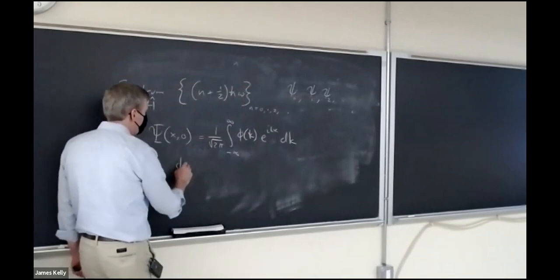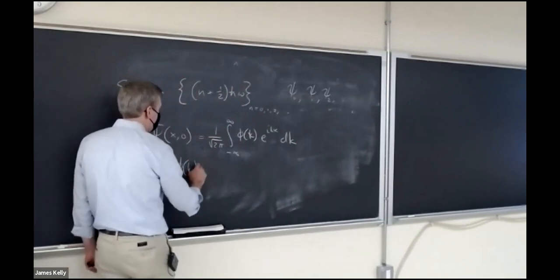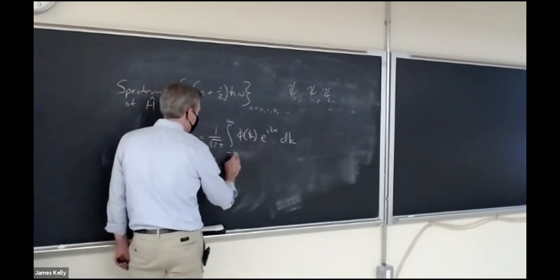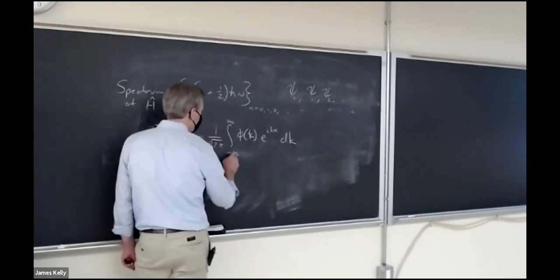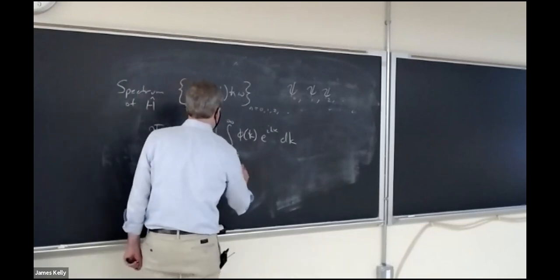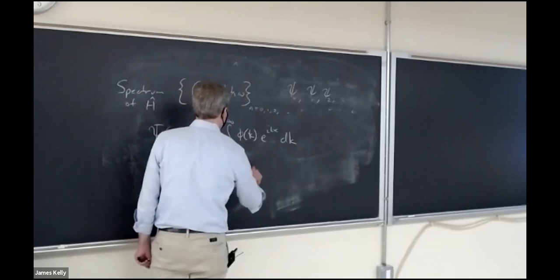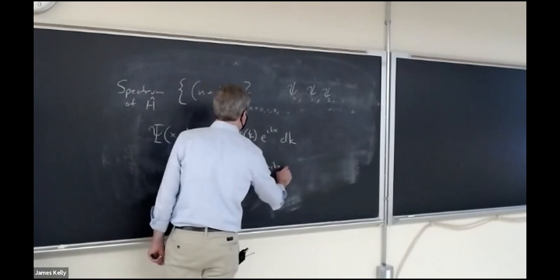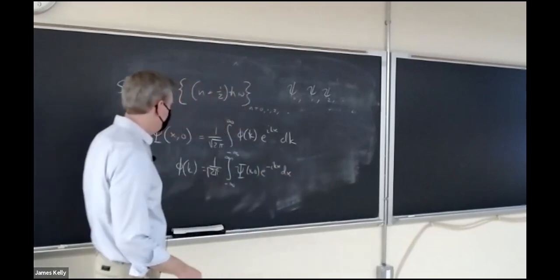Then the formula for phi of k was 1 over root 2 pi times the integral from x equals minus infinity to infinity of psi of x0 e to the minus ikx dx.